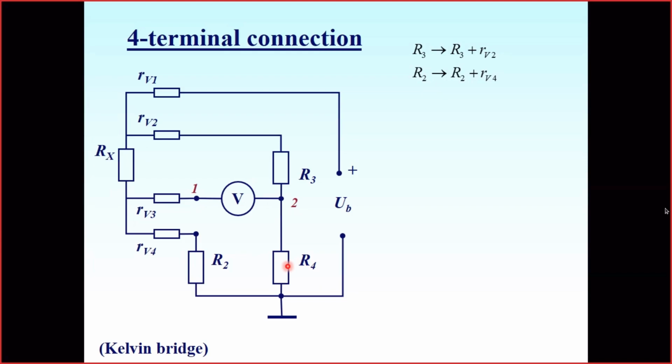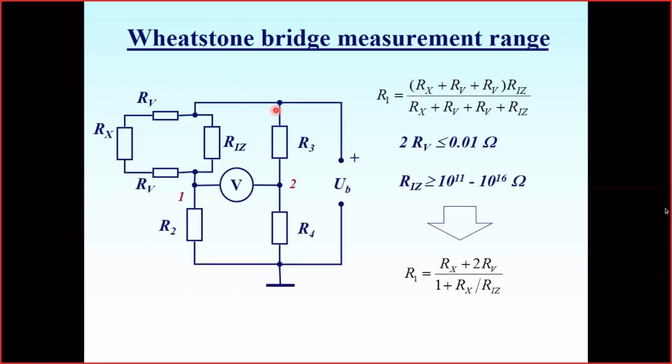So if we look at this as our bridge, it's a box with contacts. If we compare with this design, here we have a bridge in a box and two contacts. So all the bridge, except for our resistor Rx, and these contacts are inside the box.